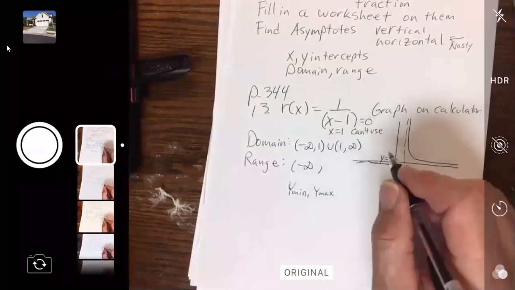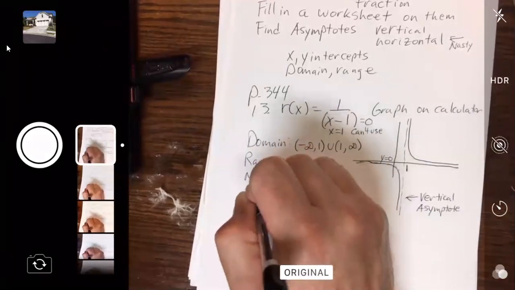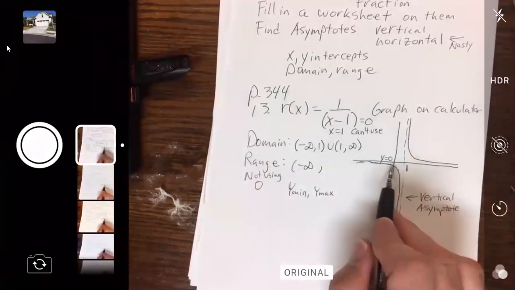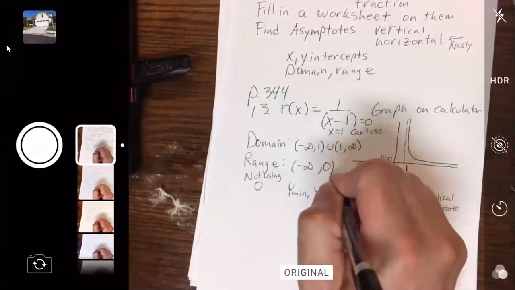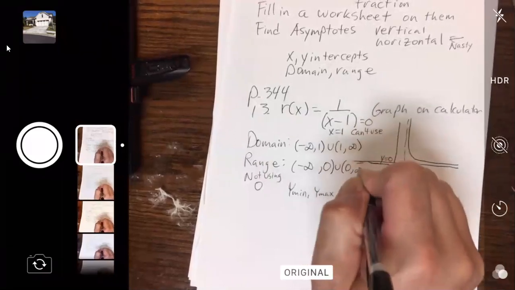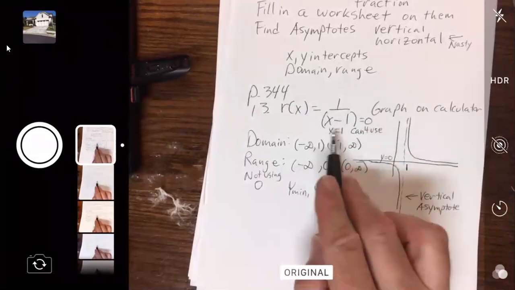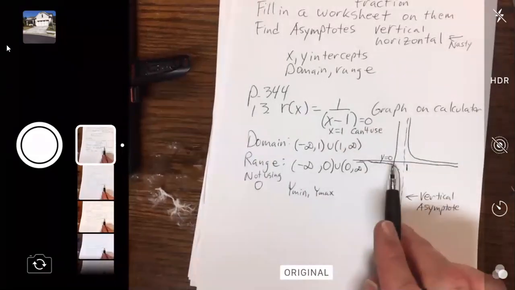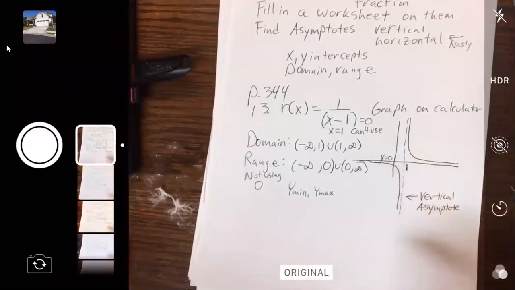You really can't tell you're not using 0 unless you actually see the graph. So you go negative infinity to 0 and 0 to infinity. And notice I'm using parentheses in both cases. Can't use 1 in the domain, makes you divide by 0, and the output never hits 0. This is all they're asking for here. Questions about that? Nope.